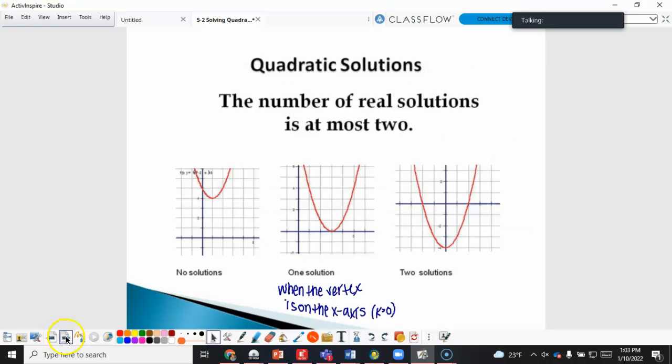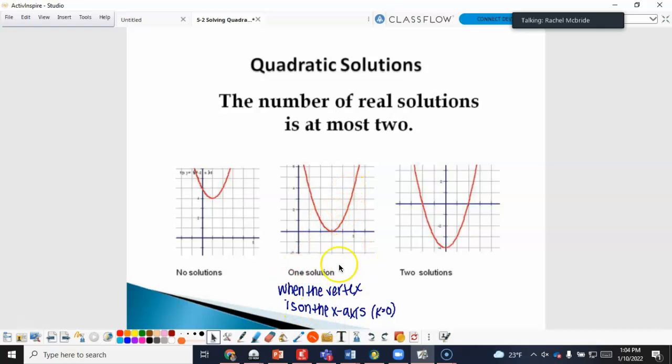There are 3 different types of solutions a quadratic could have. We have a case where there is no solution or no x-intercepts. This is where the graph is shifted up above the x-axis or reflected down and below. We could have a case where you get one solution.